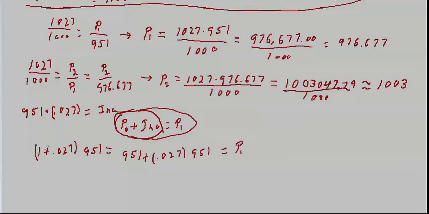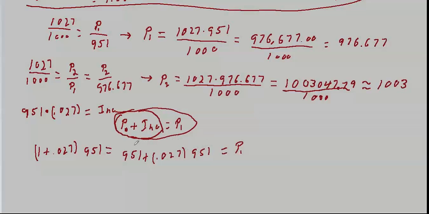Suppose we apply this again to the next year's population. Remember, this is P1 here. And all this stuff, 0.027 times 951 added to this one here. In other words, 0.027 times 951 plus 951. That gives you the resultant population. This is the increase, and this is where you started.